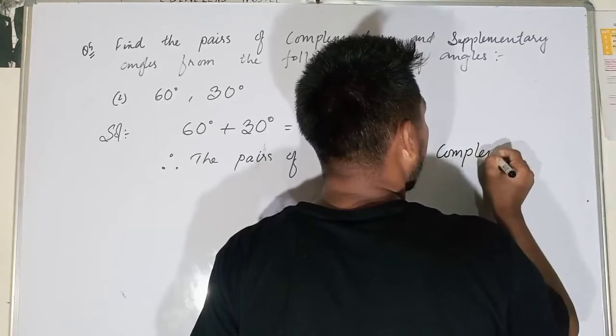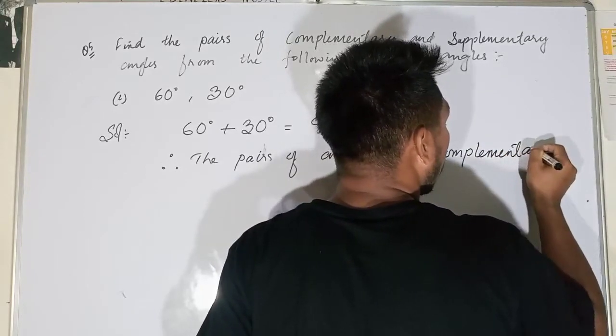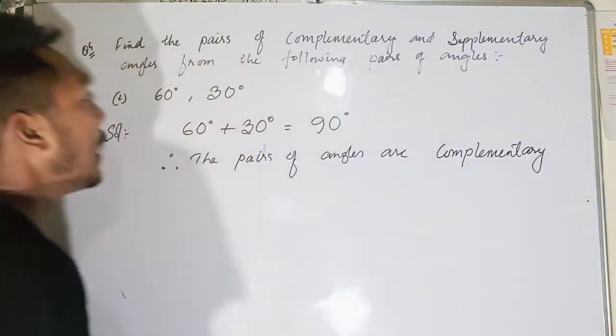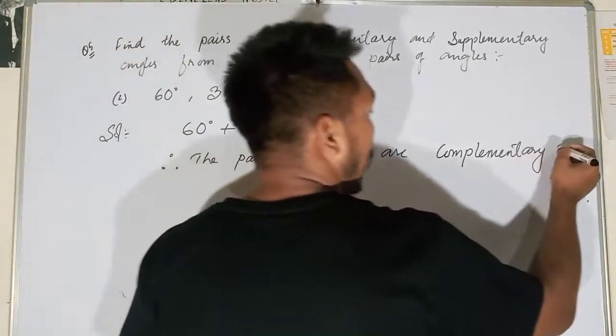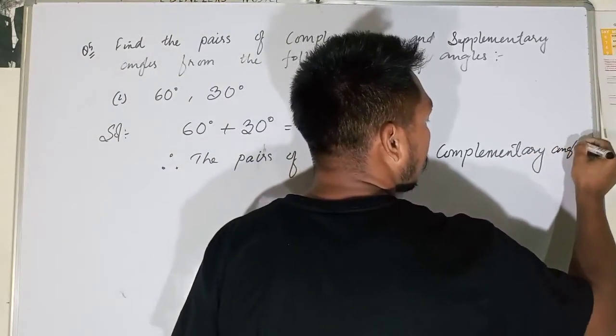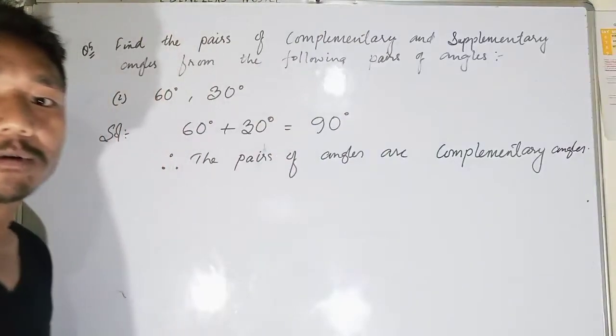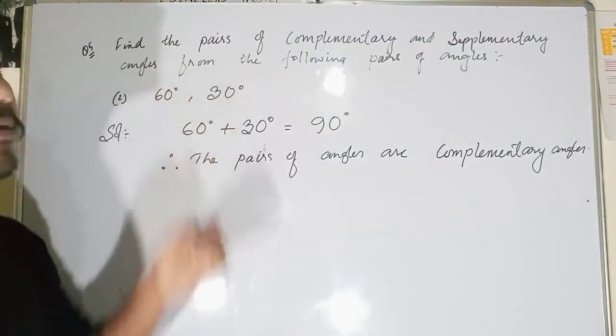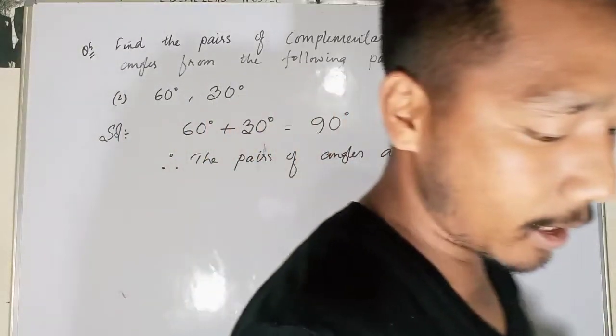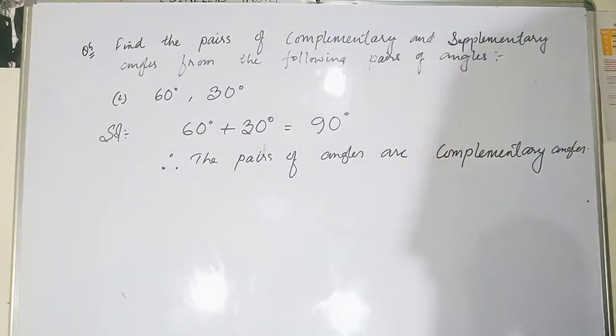Their sum is 90 degrees, so we can say complementary angles. I think you're clear that if the sum of the two angles is found to be 90 degrees, then we can say it is a pair of complementary angles.